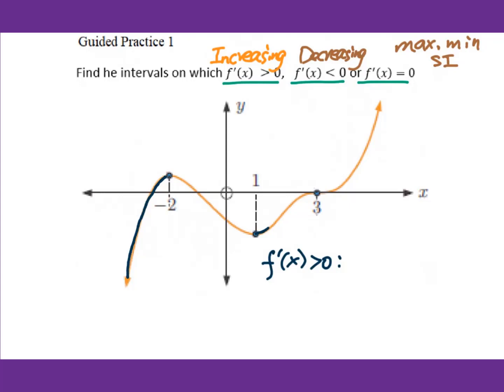This one, or this one, is an increasing graph. So we have from negative infinity to negative 2.